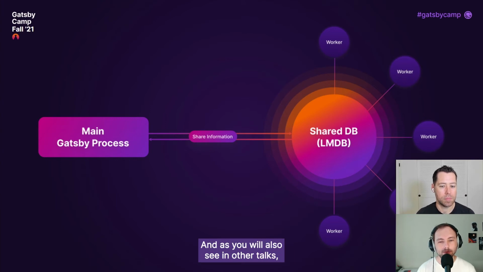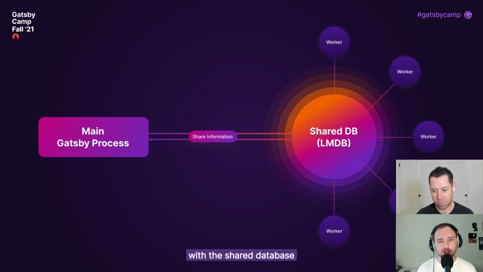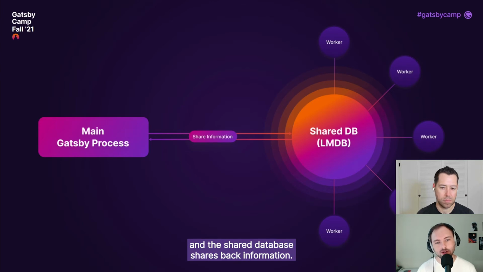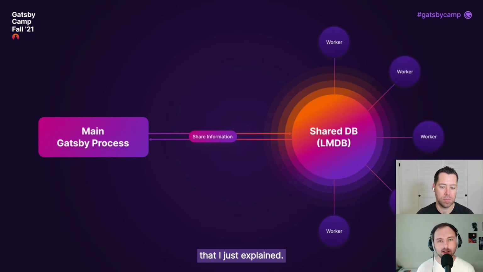And as you will also see in other talks, for example from Avi, this also unlocks other or different use cases. So in this diagram here, the main process shares information with the shared database, and the shared database shares back information. And really that information is in the end the build artifacts, because the workers are doing the query running that I just explained.